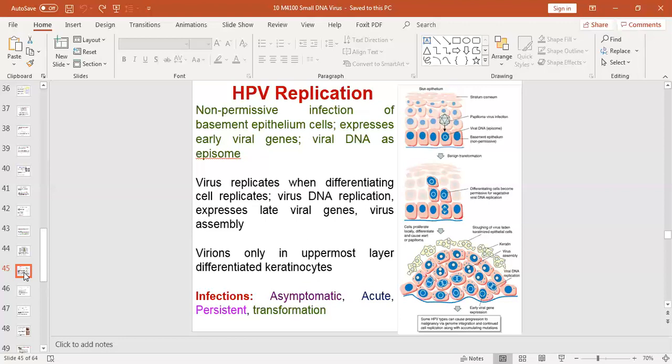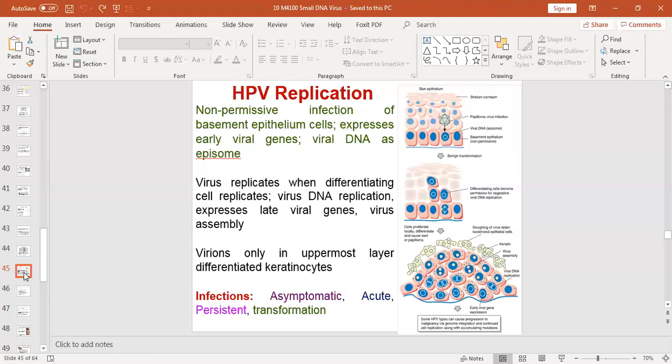So we have viral DNA there. What will happen? Viral DNA will replicate when host cell DNA replicates. So it's kind of synchronous. The two replicate together. The result is expression of late viral genes.